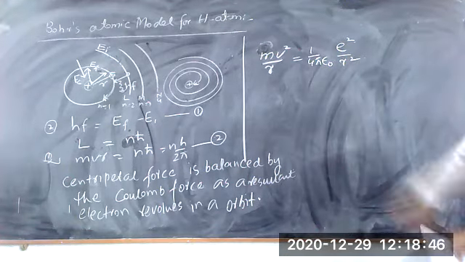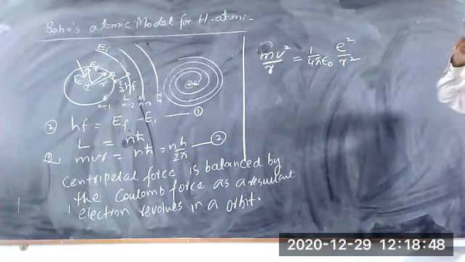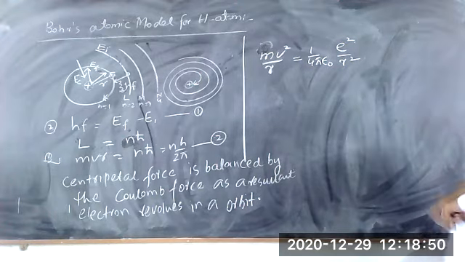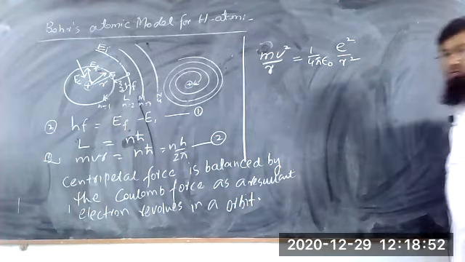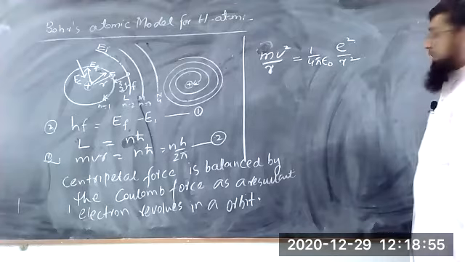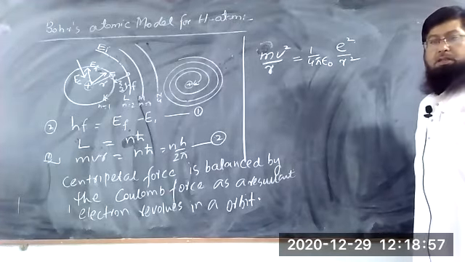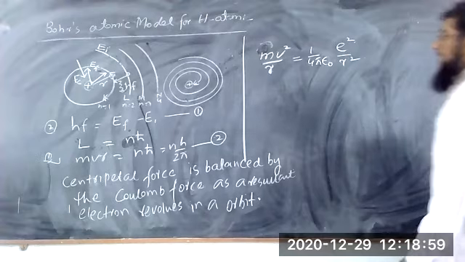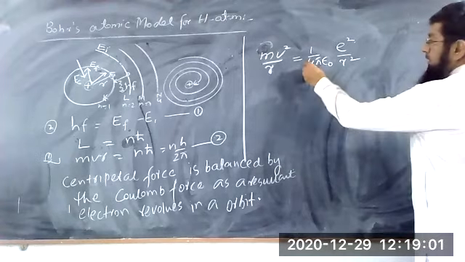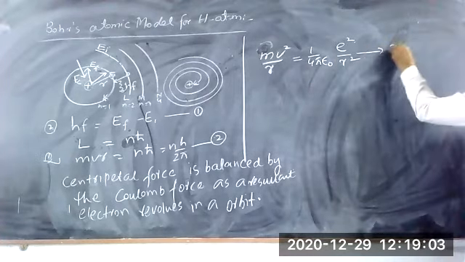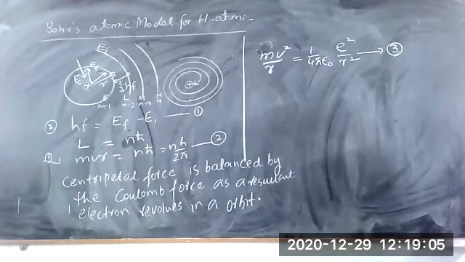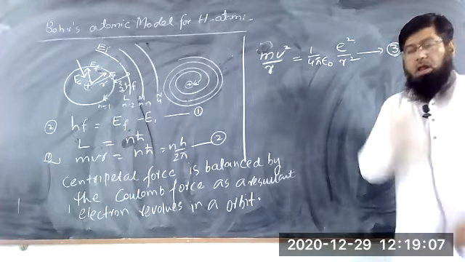For hydrogen atom, Z is equal to 1, so we have written directly e square upon r square. So this is known as a centripetal force. Let's say this is equation number 3.